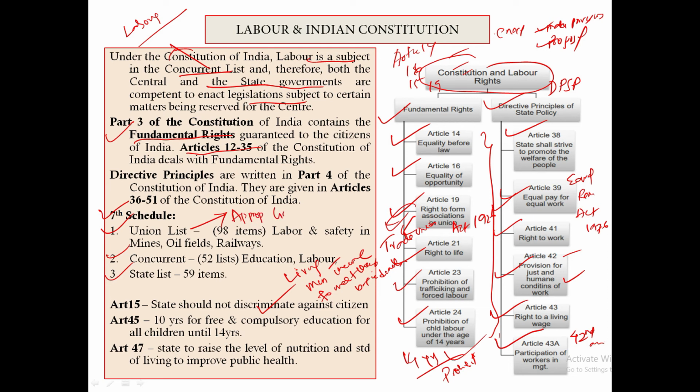Always it should be central government. Here both can be, and here state government. So you have understood this, and remember this Article 45 also, free education under 14 years of age, and then 47 also, level of nutrition and standard of living to be improved. State should raise this.